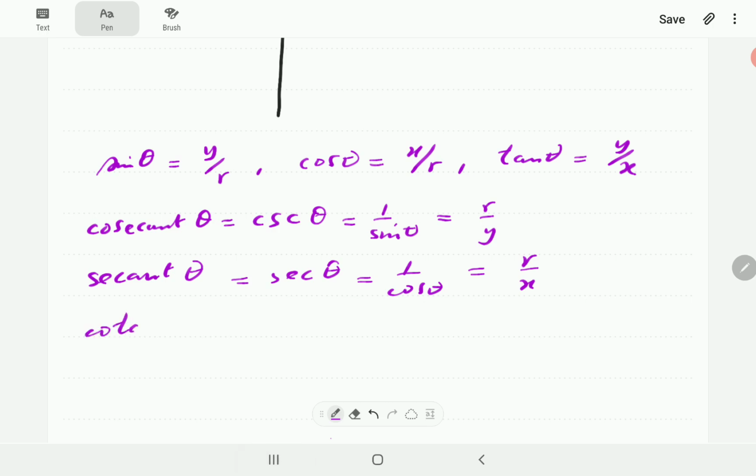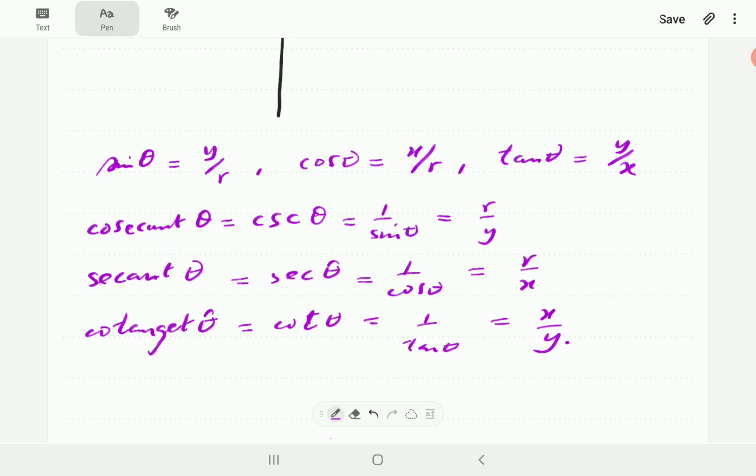Then cotangent theta, which we abbreviate cot theta, is 1 over tangent theta, so that one is x over y.